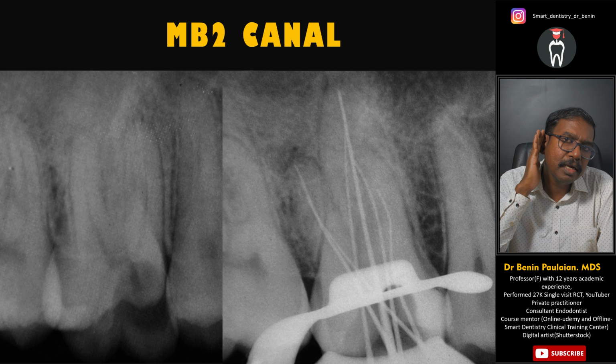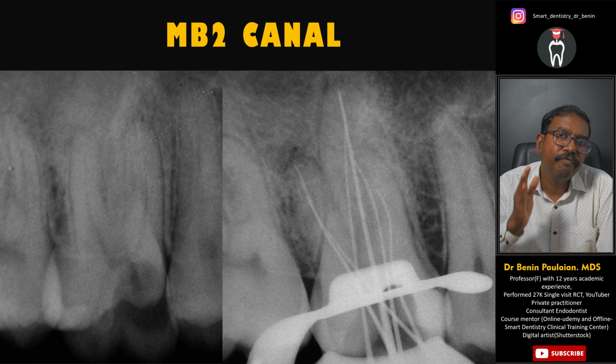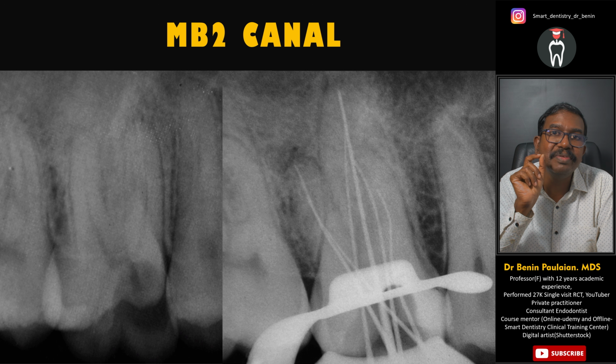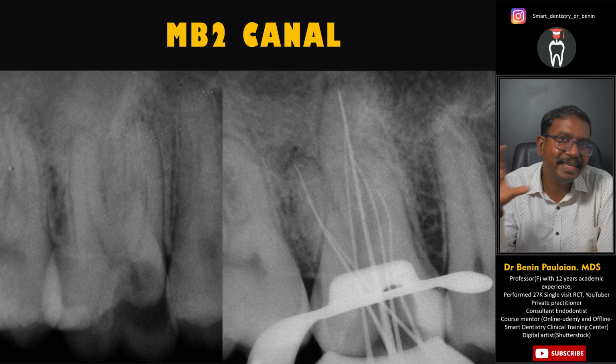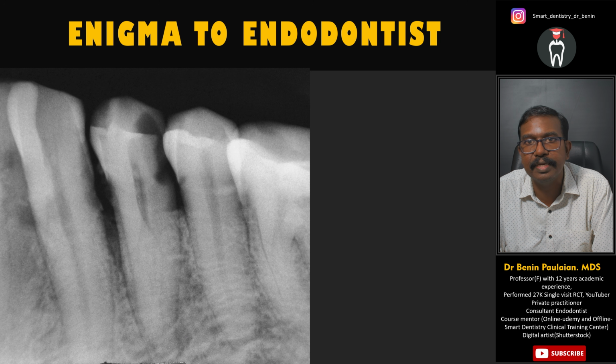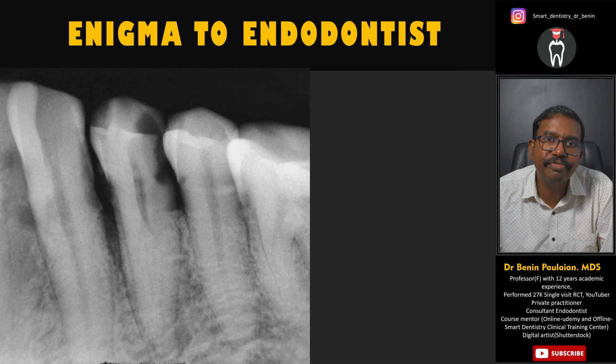Always keep this slogan in your mind. Whenever the appearance of the tooth or the roots are bizarre, or it is a hazy appearance, then we can suspect some form of extra canals or some anomalies or something is there inside. So you would all have heard this, the enigma to endodontist.